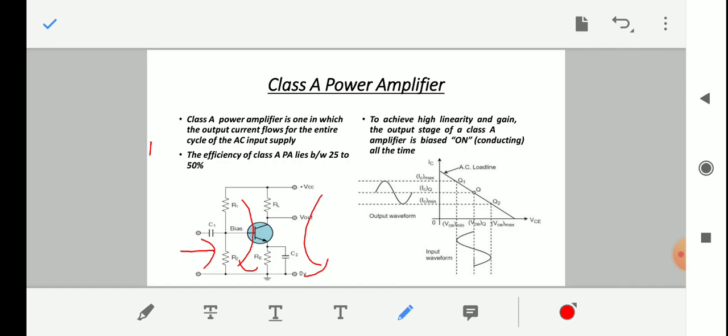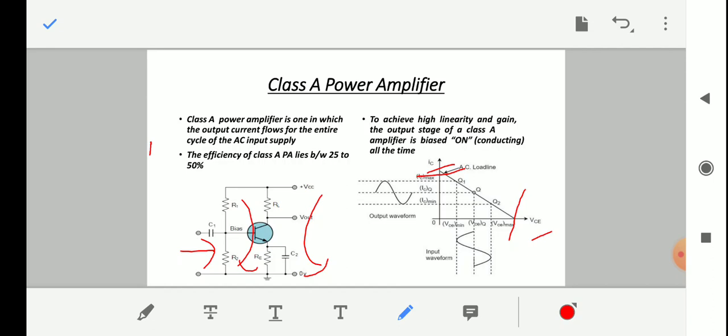When we draw the load line on the IC and VCE axes, if we put VCE equals 0 in the equation, we can obtain the maximum value of collector current. And if we put IC equals 0 in the second equation obtained by applying KVL in the input and output loops, then we can get the maximum value of the output voltage VCE.